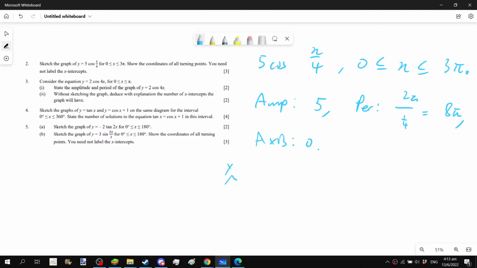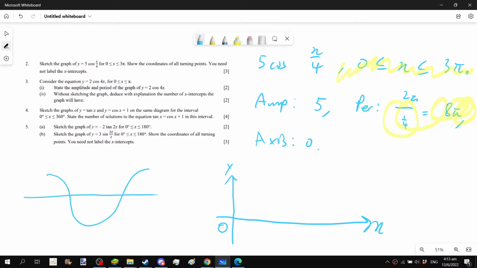From here, you can go on to draw the graph. So one thing to take note of is that your range, as they said, is 0 ≤ x ≤ 3 pi, but your period is 8 pi. And that means you will only be drawing 3 over 8 of the entire graph. So you can imagine for yourself, this is your cosine shape.